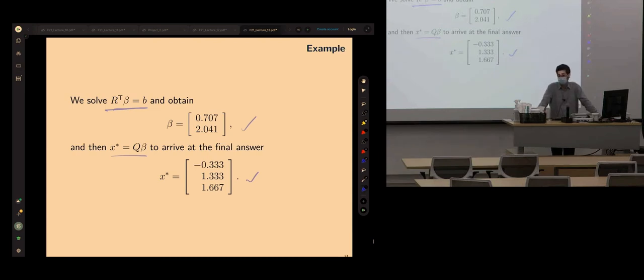Now, there are an infinite number of solutions. This is the one that has the minimum norm. The set of solutions is actually much bigger, because every vector in the null space of your matrix A, you can add it to this and it's still a solution, right?